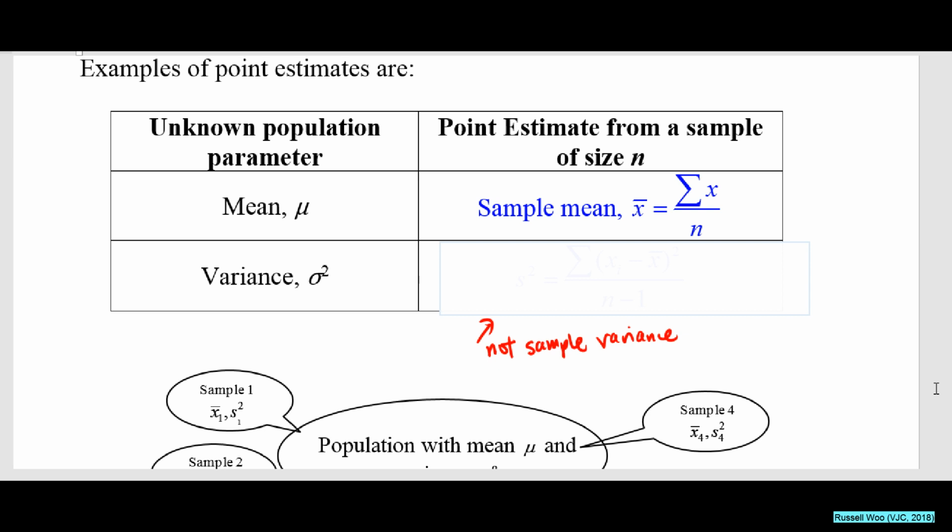Then you ask me, then what can we use to estimate the population variance? The answer is what we call the unbiased estimate of the population variance. Very confusing. Never mind. It means this.